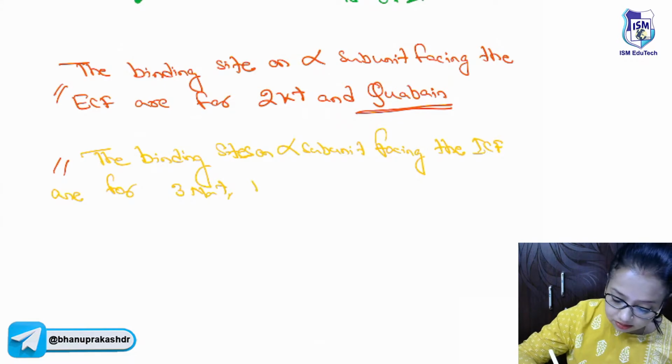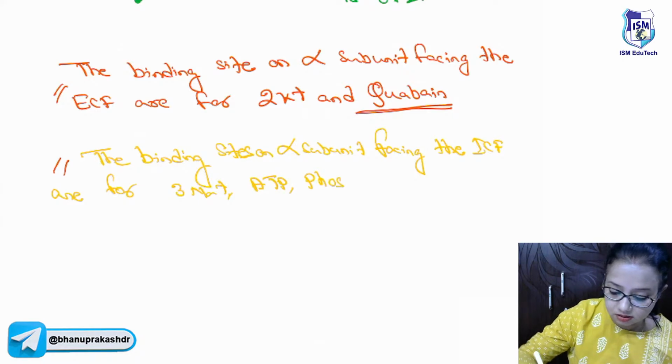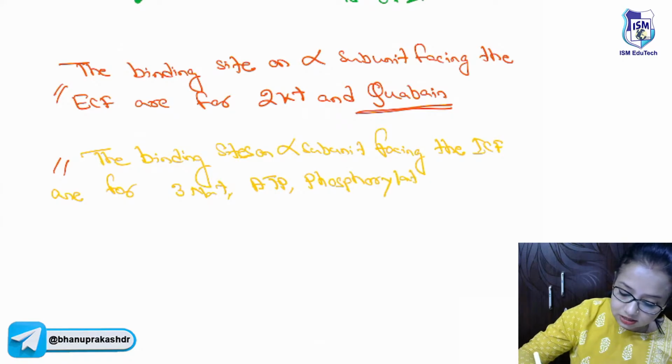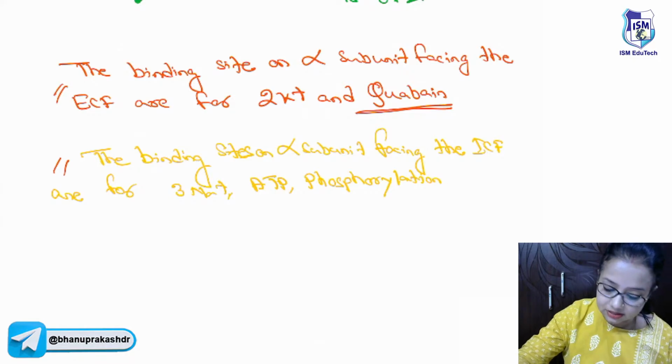Then we have the ATP binding site and then phosphorylation. Okay, so these are the binding sites.